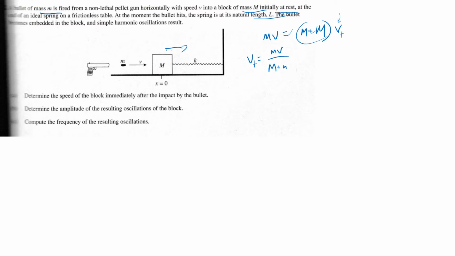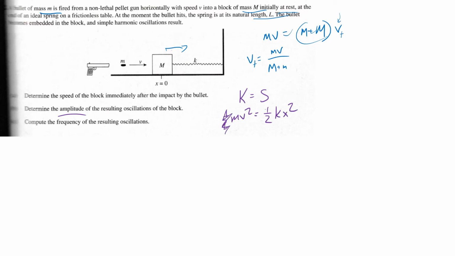So for the next part, determine the amplitude of the resulting oscillation. We're going to use conservation of energy. Hopefully you're noticing some patterns here. We have kinetic energy is equal to the spring energy. Kinetic energy is 1/2 mv squared, which is equal to 1/2 kx squared.